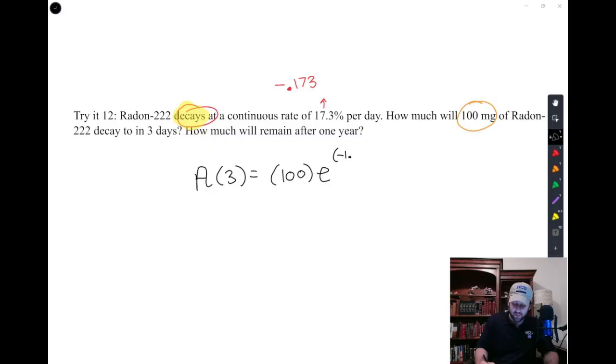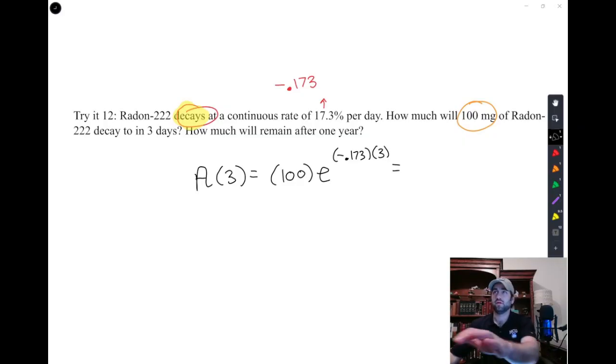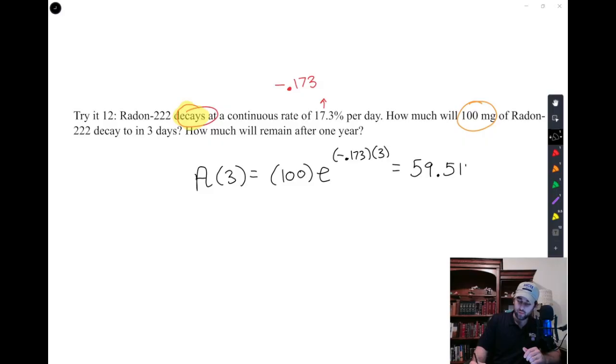So negative 0.173 times 3 days. And if we type that into a calculator, 100 times e to the negative 0.173 times 3 for days, we get 59.5115 milligrams.